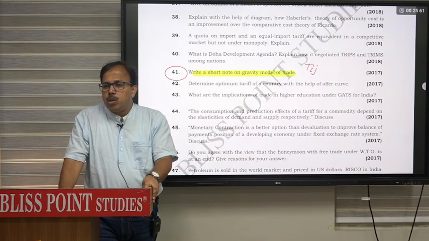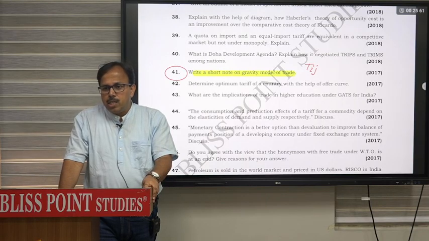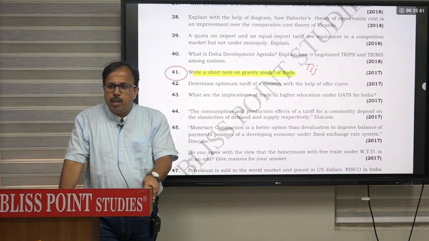So trade between 2 economies depends upon the size of their economies, which is determined by the GDP, and the distance between the economies.